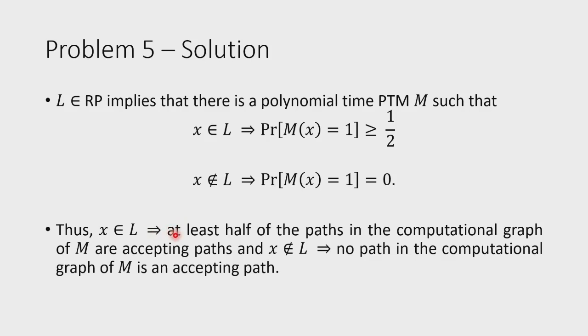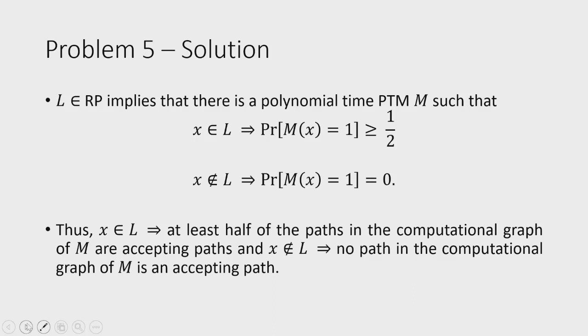What this gives us is much more than that. Not only does there exist a path, at least half of the paths are accepting paths, right? And x is not in L implies no computational path accepts. So this also satisfies the acceptance conditions for the class NP, right?